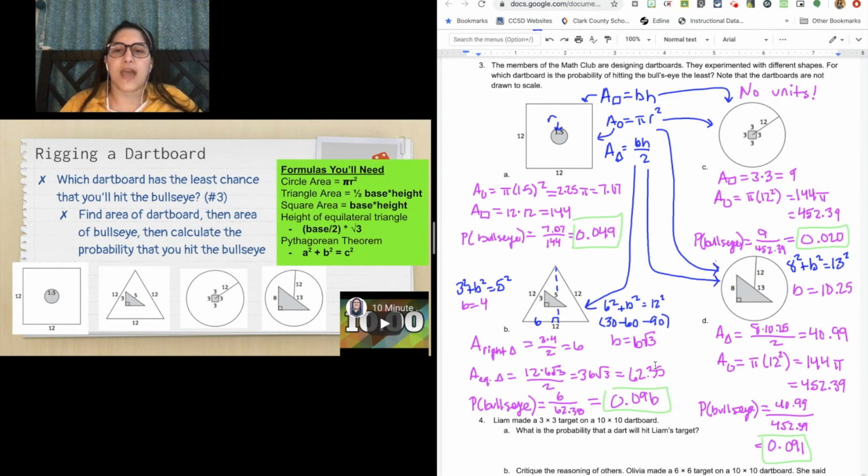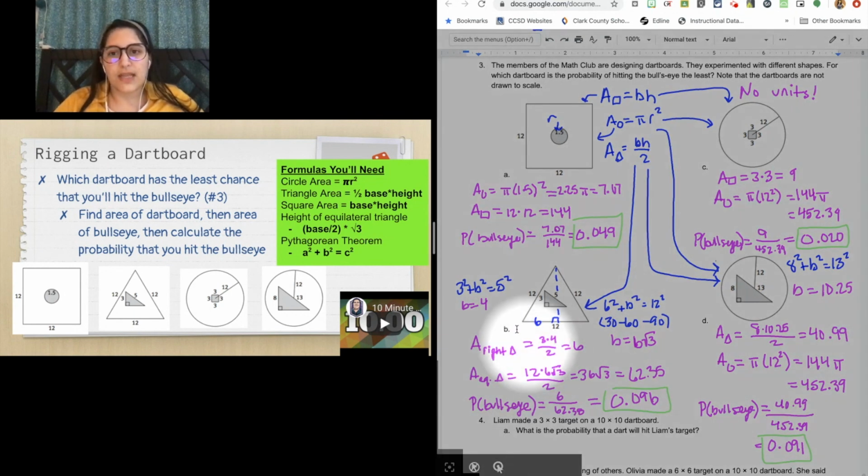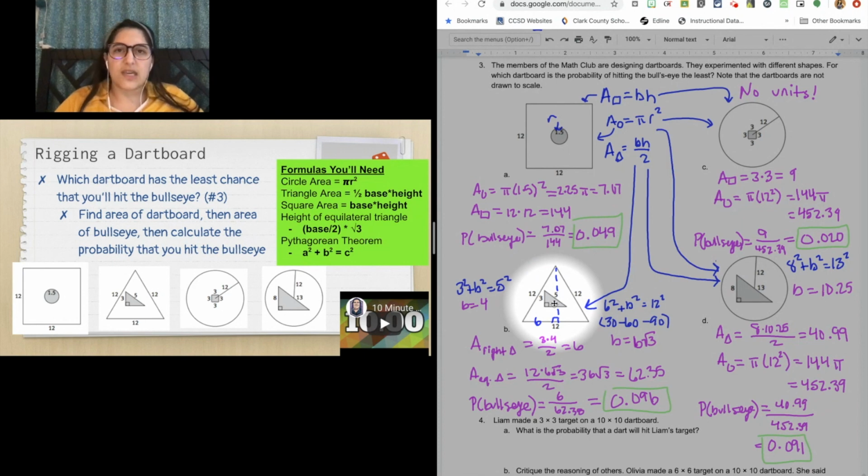So like, for example, if the problem had only been these bottom 2, so if I had eliminated the top 2 and it had only been this dartboard and this dartboard, just visually, I would probably pick this dartboard because the shaded area looks a lot smaller, right, than this one. But when you actually calculate the probabilities, the probability of hitting this bullseye in part D is smaller than the probability of hitting the bullseye for part B.